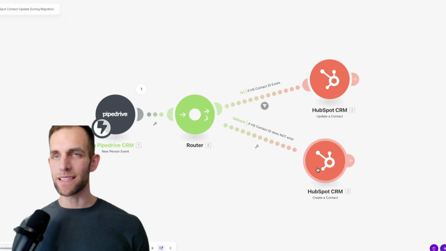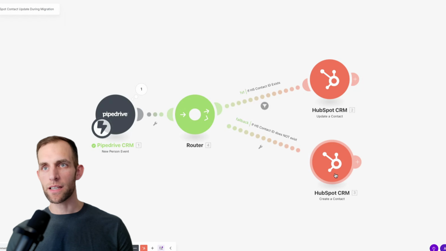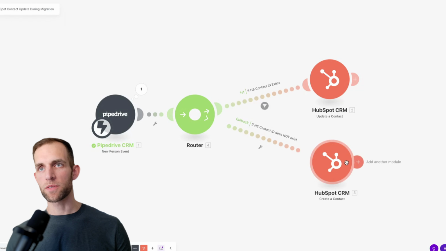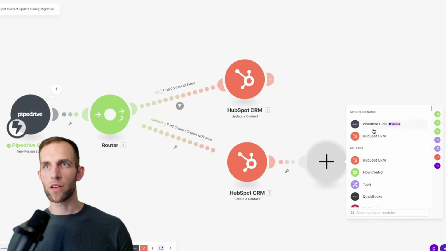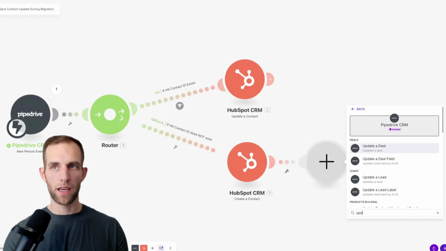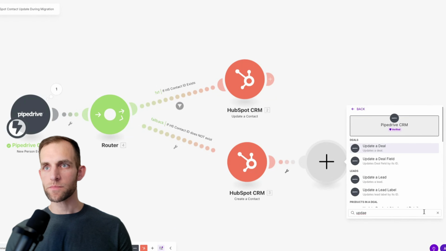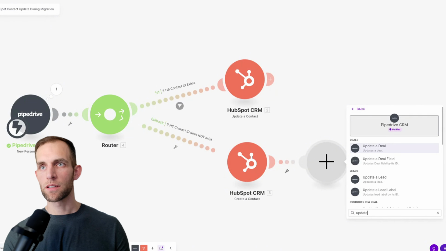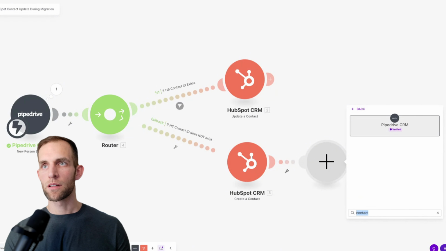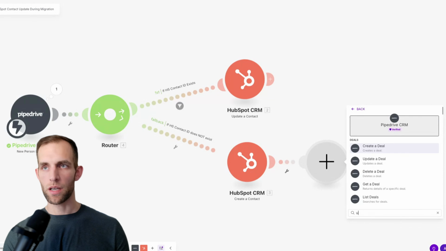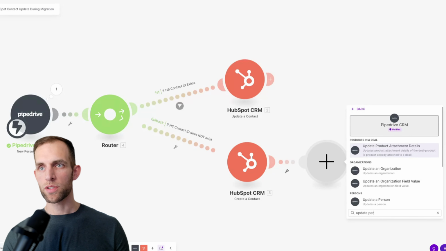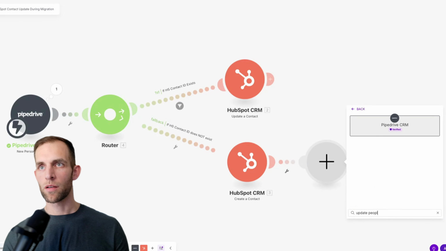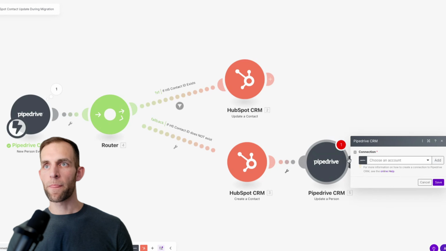The thing is, the last piece here is after we create the contact inside of HubSpot, we do want to add one more here, which is Pipedrive, and go back and update the contact or person, update a person.